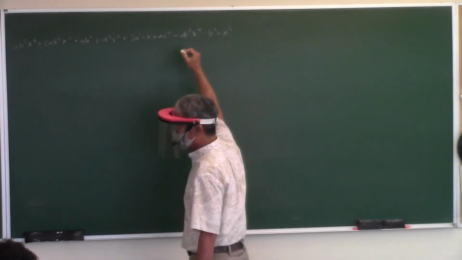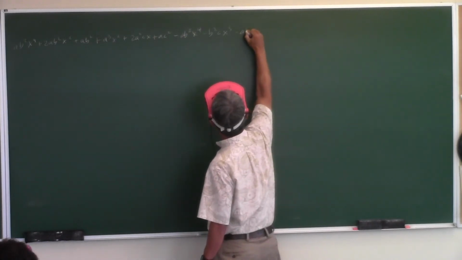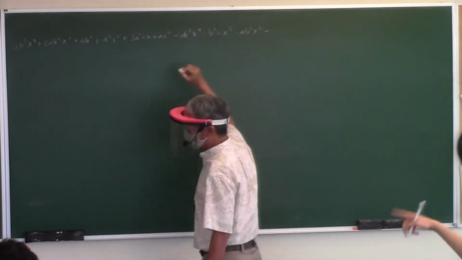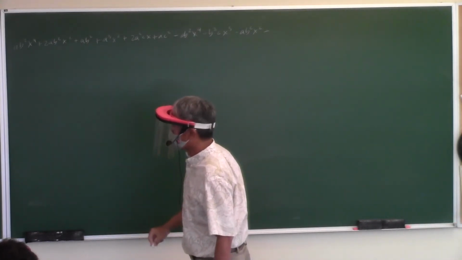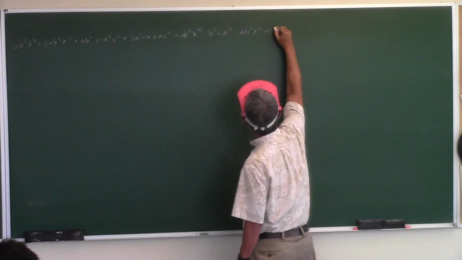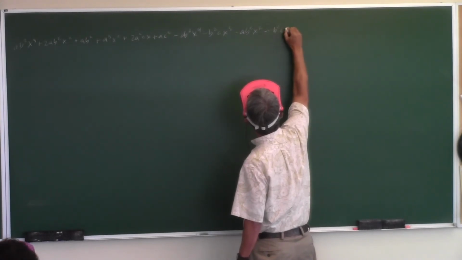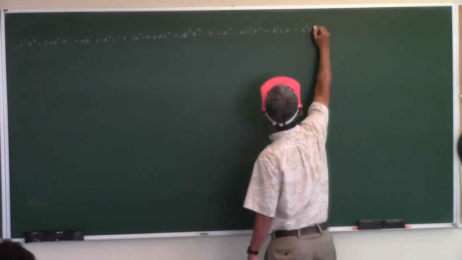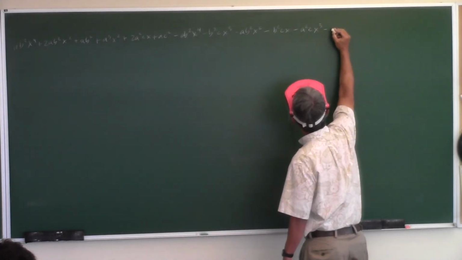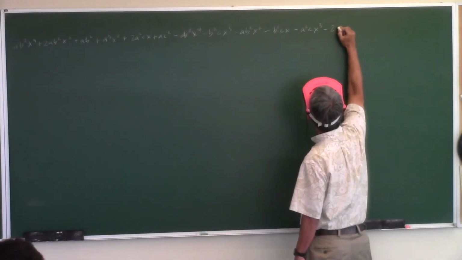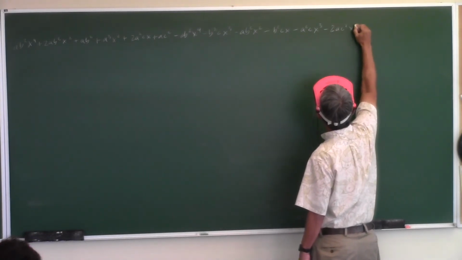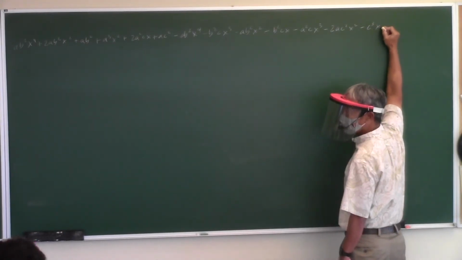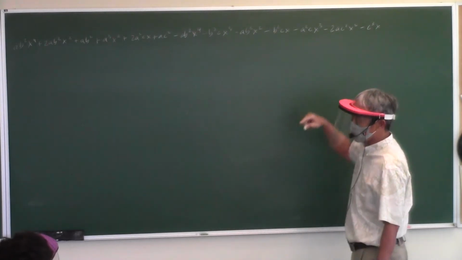Okay, and then minus ab squared x squared minus b squared cx minus a squared cx cubed minus 2ac squared x squared minus c cubed x. So that's the whole thing now.